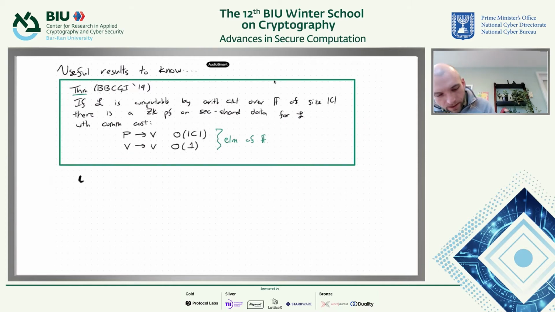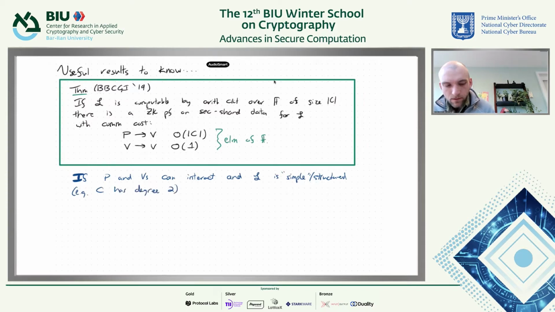What's even more useful is that if the prover and verifiers can interact, and the language is relatively simple or structured, so for example this circuit C that computes the language has degree 2, so low degree, then the communication cost falls to something like log of the size of the circuit field elements.